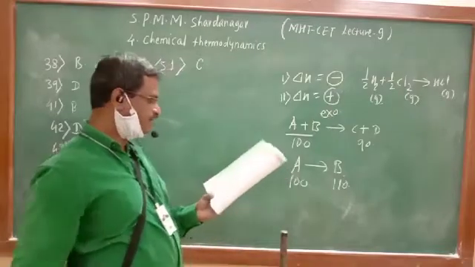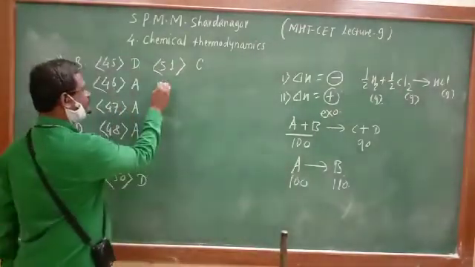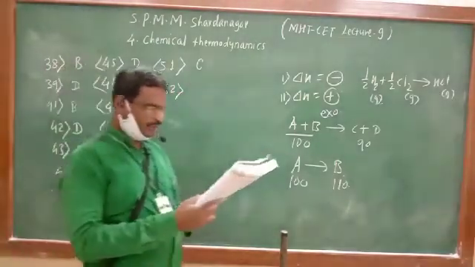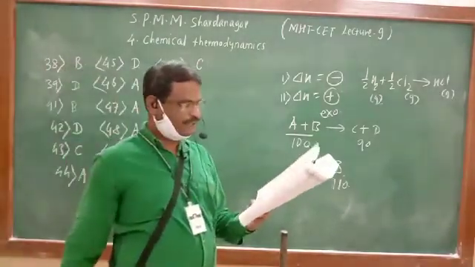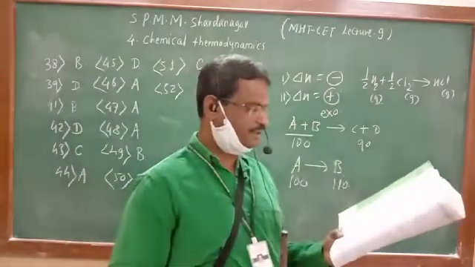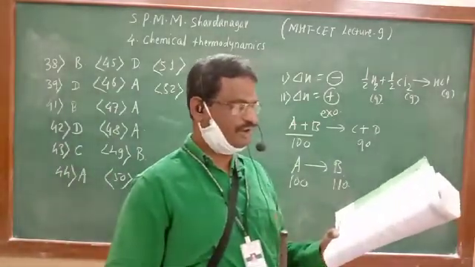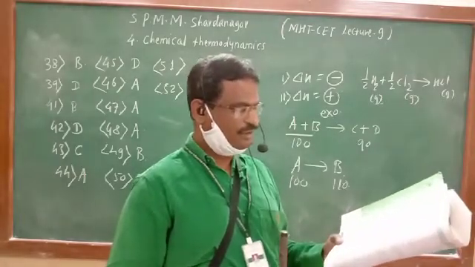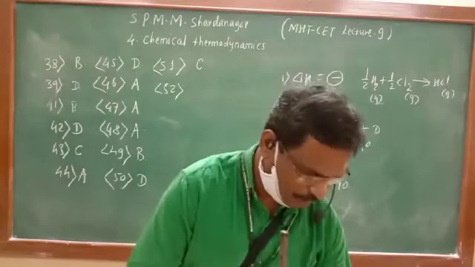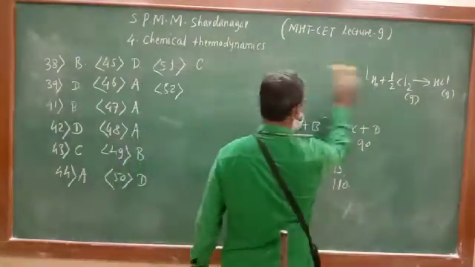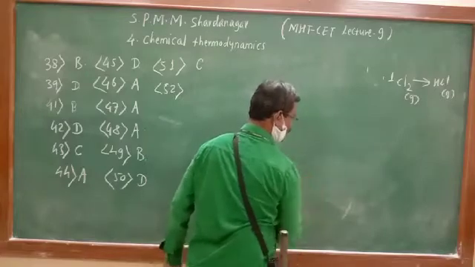Now question number 52. Here they have given one reaction, H2 gas plus half O2 gas giving H2O liquid, delta H minus 284.5 kilojoule per mole, and the enthalpy change for the formation of 3.6 kilogram of water we have to calculate. Here is the problem, a calculation we have to perform.